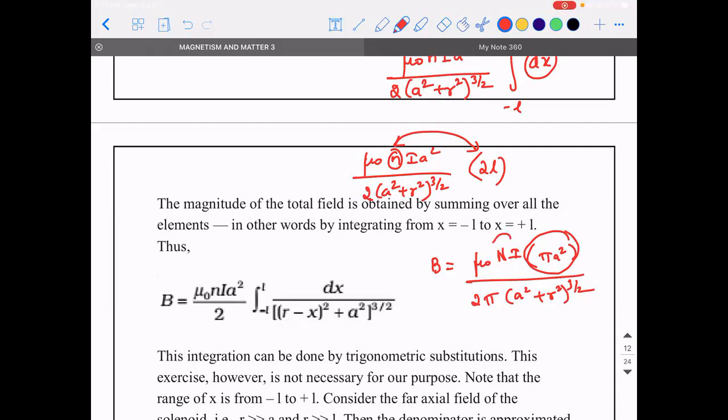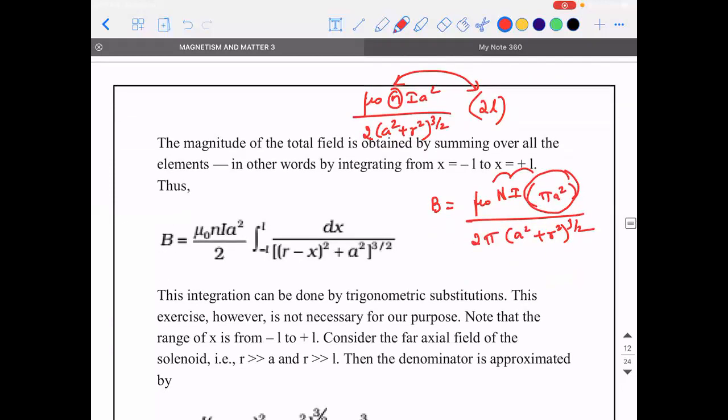So, n multiplied with I multiplied with area will give us what?